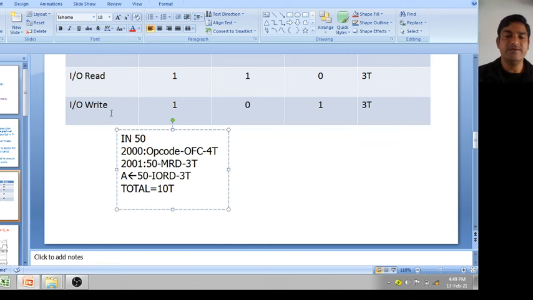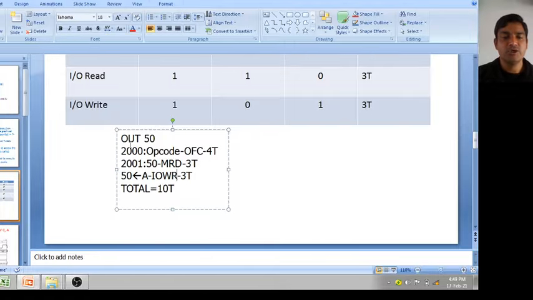Similarly for OUT 50. In 2000 there will be the opcode of OUT. In 2001 there will be 50, again memory read. Now the contents of A are going to output port 50, so instead of input output read, there will be input output write.